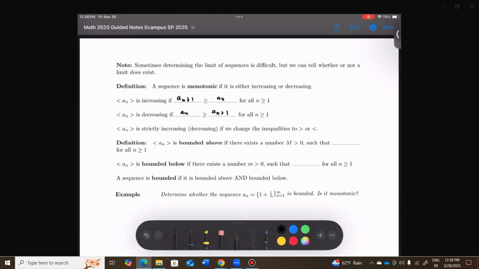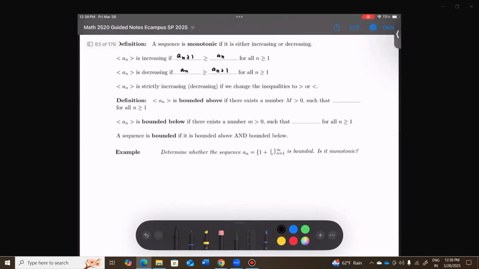If a sub n is strictly increasing or decreasing, we can of course change those equality signs to just greater than or less than, which a lot of times I've seen it seems like that's the case. Otherwise it just doesn't increase or decrease.